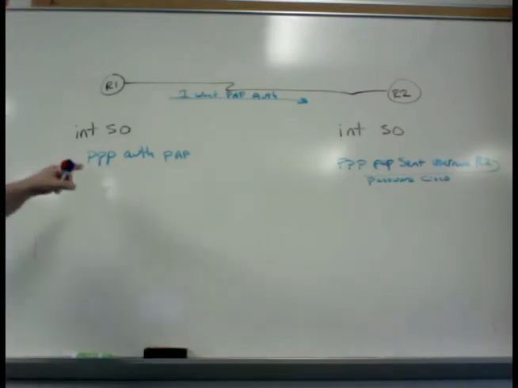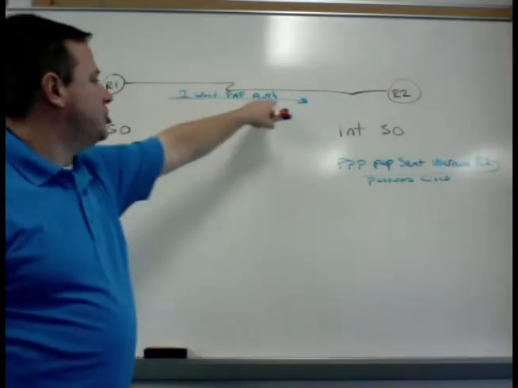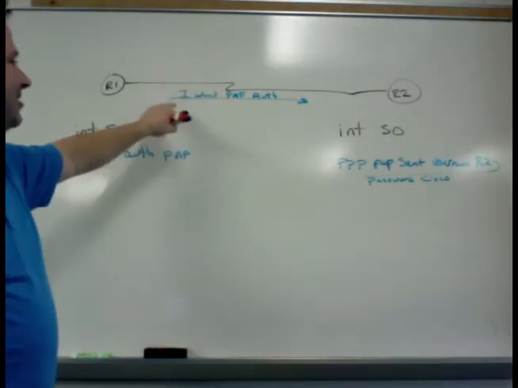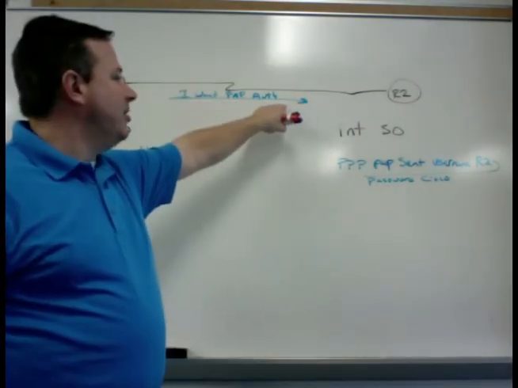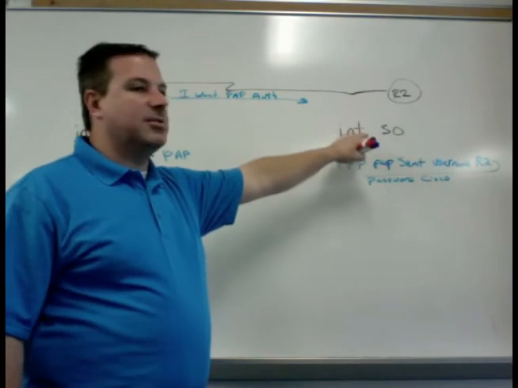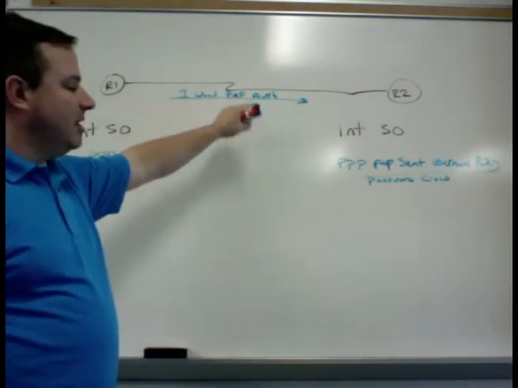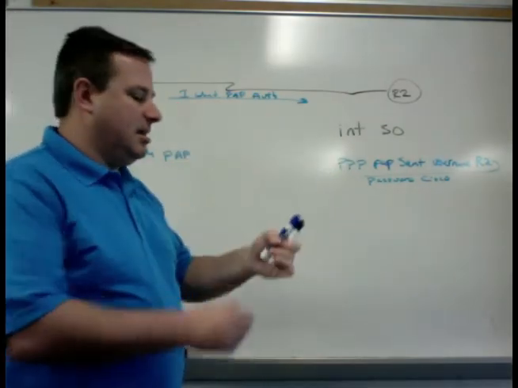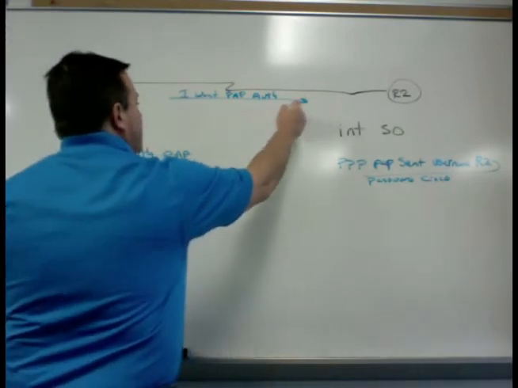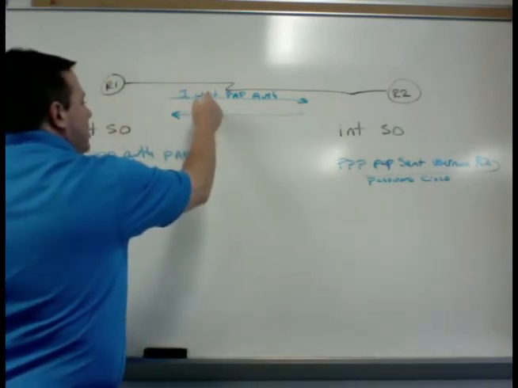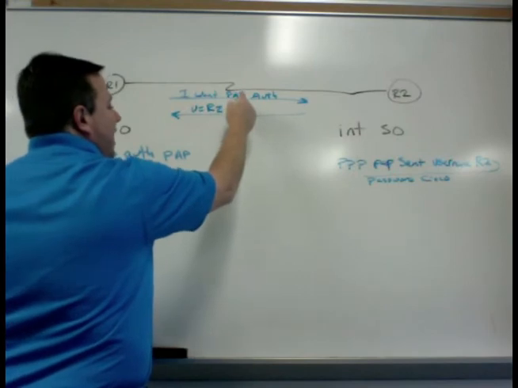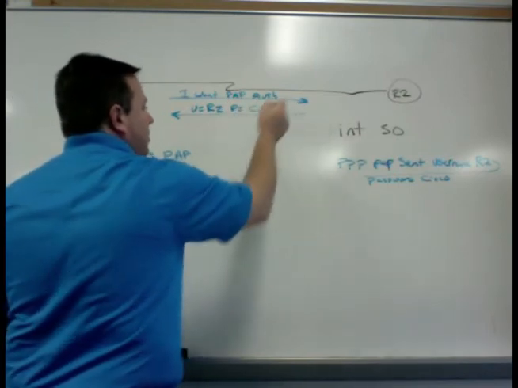Okay, so that command, when we get this, I can't call it a challenge. When we get that, hey, I want you to authenticate, this router is going to say, oh, it wants PAP authentication. I have a command that says send the username equal to R2, password equal to Cisco.